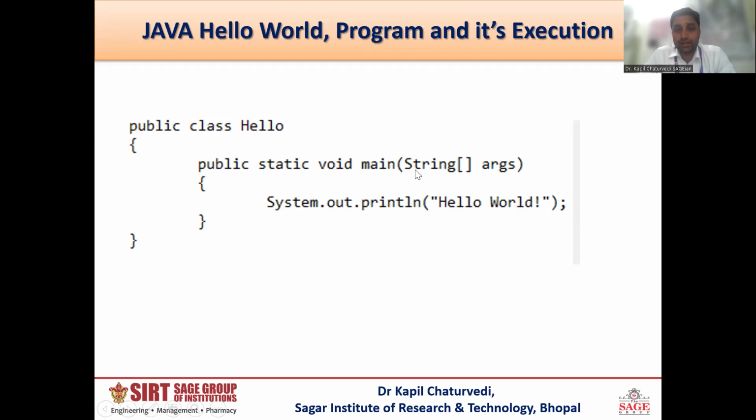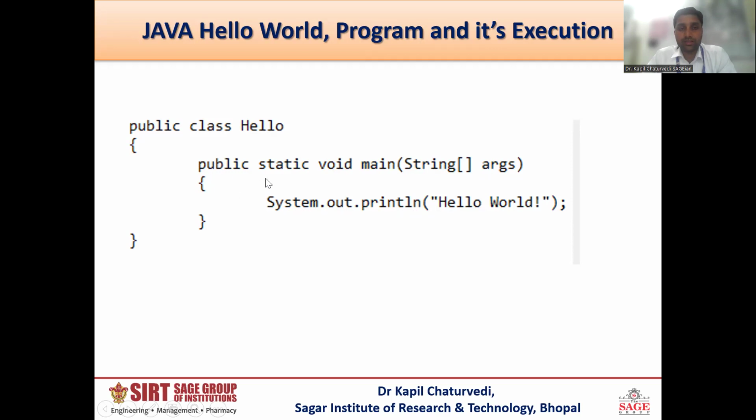Basically, this is the command line argument. Inside it, I am writing System.out.println Hello World. To print any string to the console, you use System.out.println. So Hello is the class, and that line prints a simple message on the console.